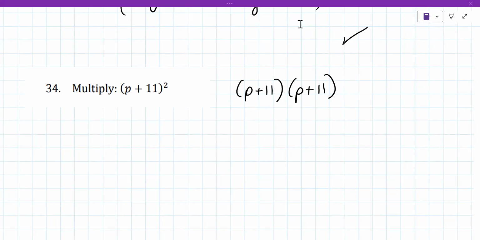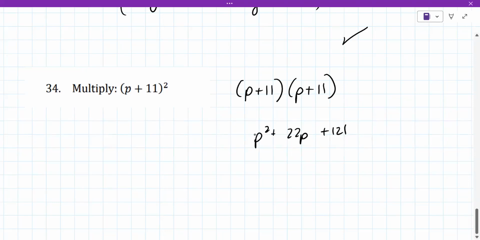What's 11 times 11? 121. And that would be 22p. Would it be p squared plus 22p plus 121?